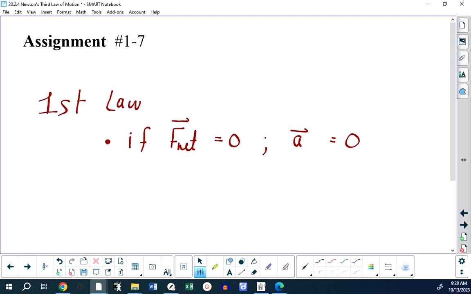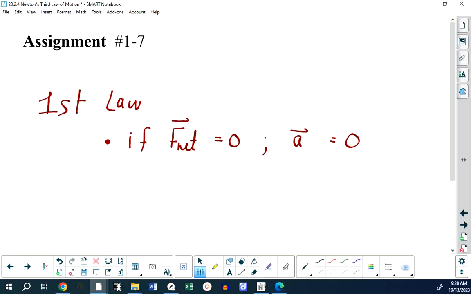F net equaling zero means the forces are balanced. Acceleration equals zero simply means the velocity of the object doesn't change. If it's sitting there at rest, then it will continue to sit there at rest. If the object happens to be moving at 3 meters per second south, then it will continue to move at 3 meters per second south.